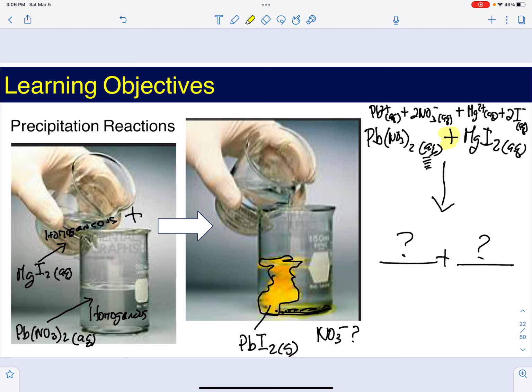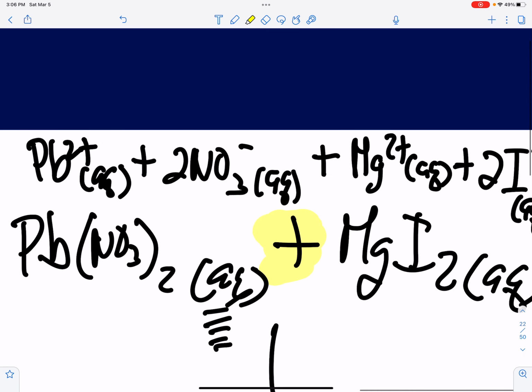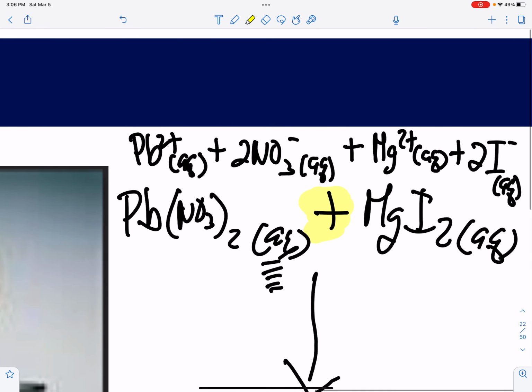So the lead is not going to be with the nitrate any longer. The lead is going to find something else. The lead is 2 positive, so it's going to find something negative. It's not going to be the nitrate, because that's what it was originally. It's going to go with the iodide. So those two are going to combine.